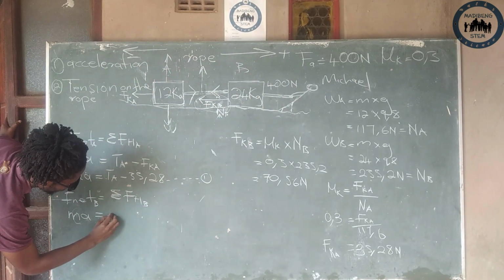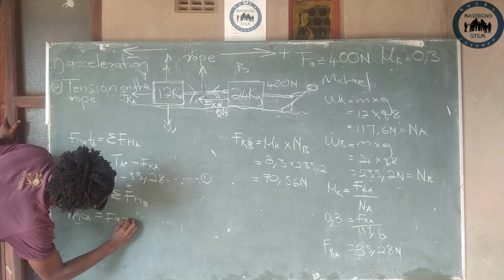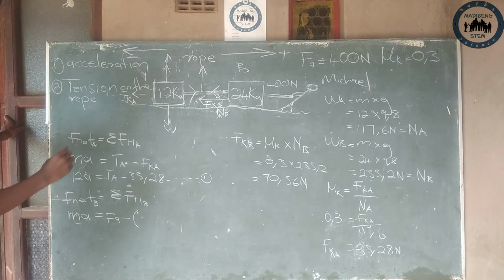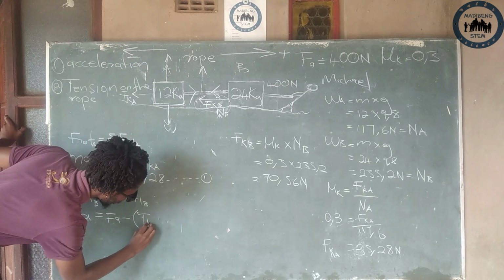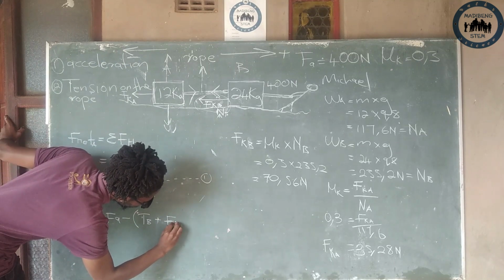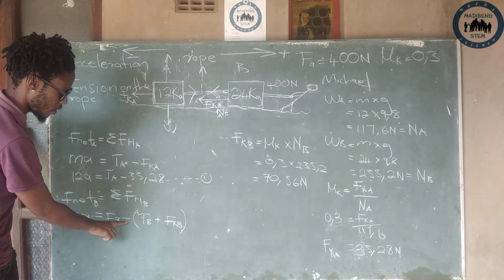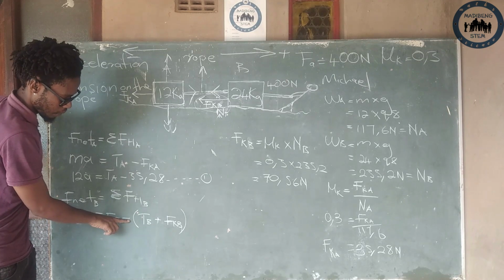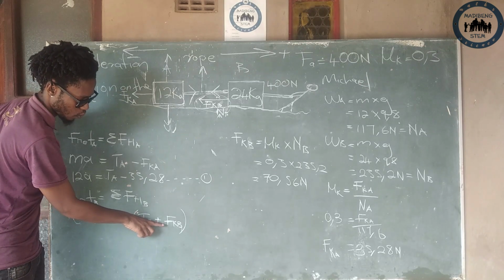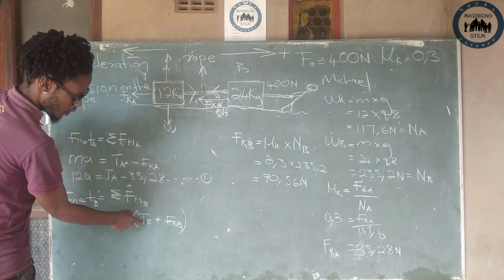So it's F applied minus the bracket of tension B plus the frictional force for B. Now I have to remove this bracket by distributing the negative sign to this term and this one.